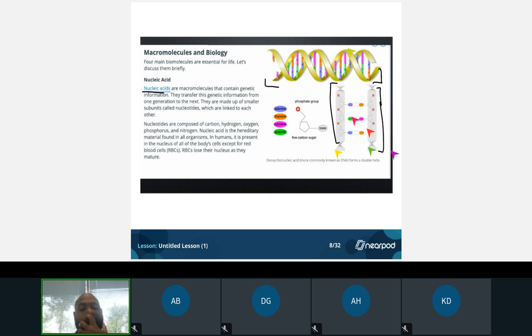If we look at it as a ladder, you have the poles of your ladder, you have the steps of your ladder, and you have screws that hold it all together. This combination of these three makes up the monomer for nucleic acids. We call the monomer for nucleic acids a nucleotide. It's composed of carbon, hydrogen, oxygen, phosphorus, and nitrogen.